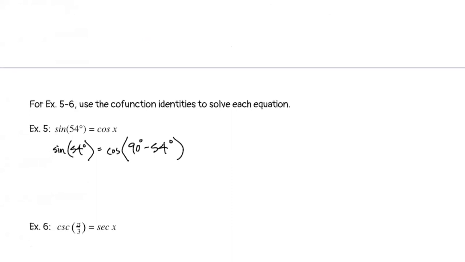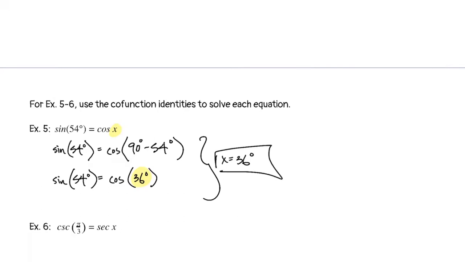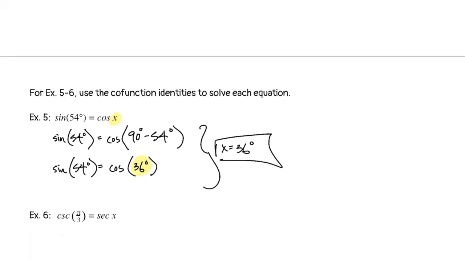And so if we do the subtraction, we can see this equals cosine of 36 degrees. And so what does that mean x equals? Well, cosine of x, cosine of 36. This means that x equals 36 degrees. Okay, so that is one way that we can make use of this co-function identity.